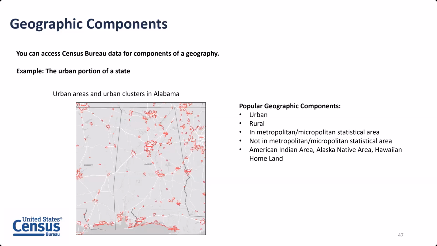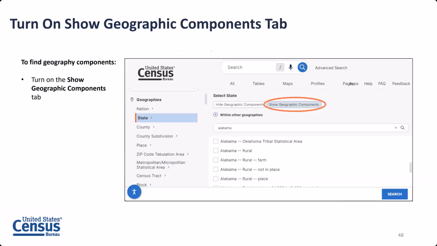Again, this is providing data for all of the people who live in a geography of one of those levels. It would not be providing data for individual geographies such as the Huntsville, Alabama urban area or the Birmingham urban area in Alabama.